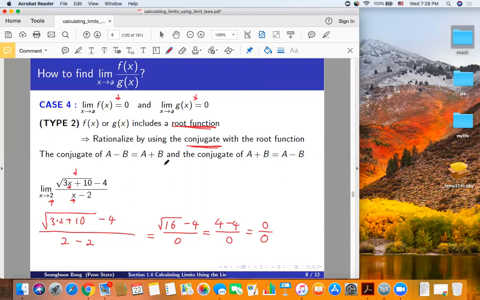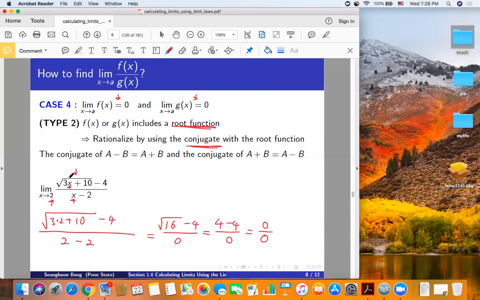Do you know the conjugate? What do you think, the square root of 3x plus 10 plus 4?